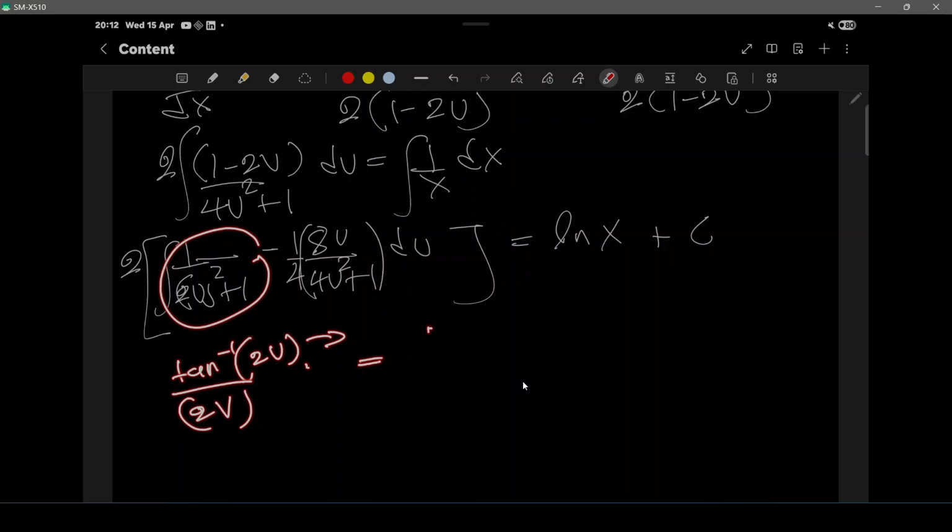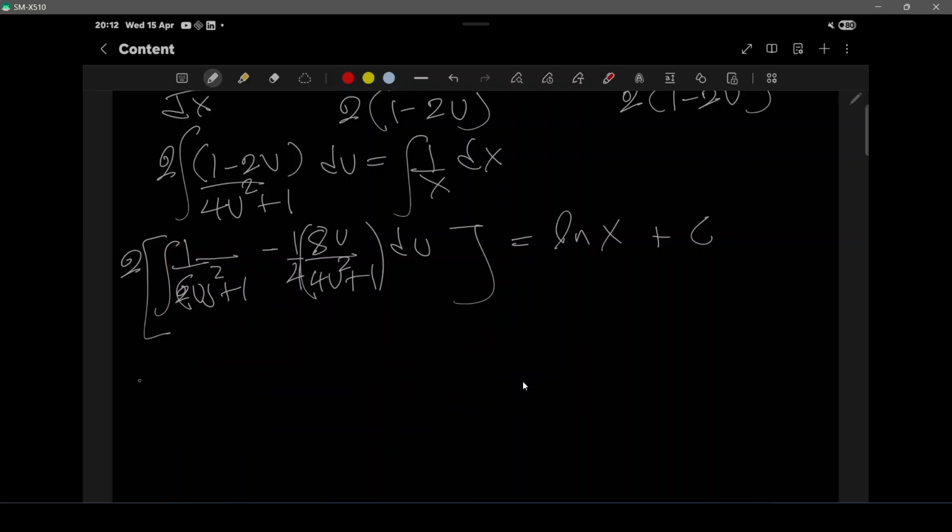If you differentiate tan inverse 2v, you get 1 over 1 plus 2v squared, times 2 since you differentiate 2v, so you have to divide by 2.